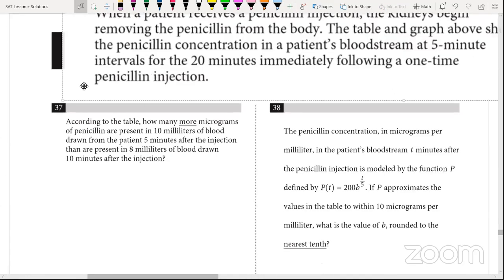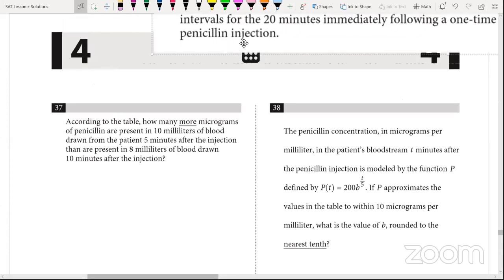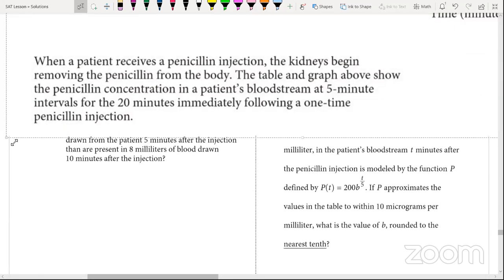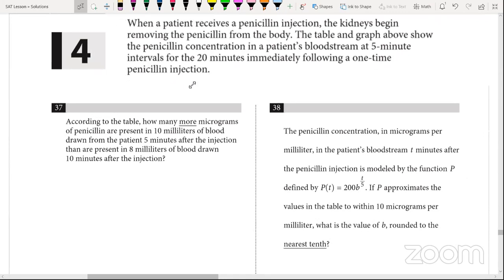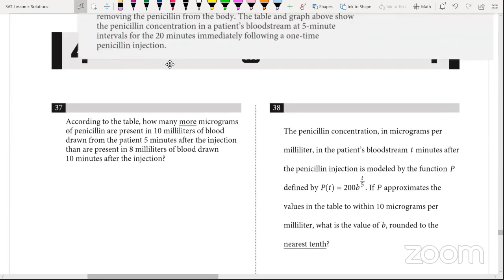Question 37 is the idea of unit conversions that come from a table. And I'll show you what that means.